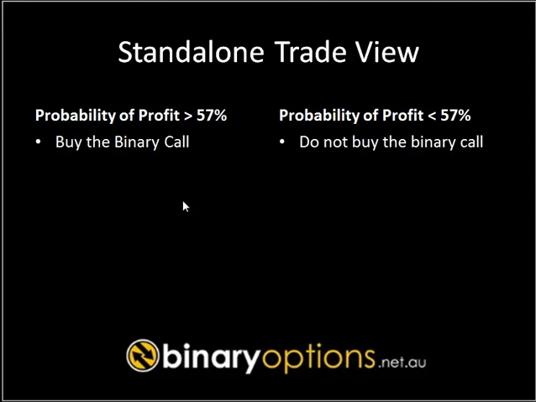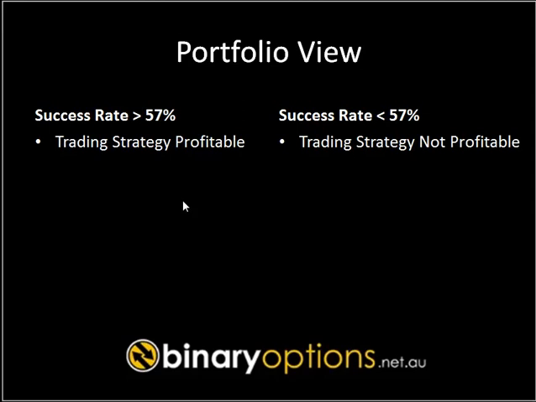The second way to think about this is as a way to evaluate our overall trading strategy. If we were to invest in a portfolio of binary options each day, we can assume that we're not going to make money on every single trade. To make money every day, we'll need our success rate, that is, the percentage of profitable trades, to exceed 57%. That's assuming they all have that same 75% payout potential.